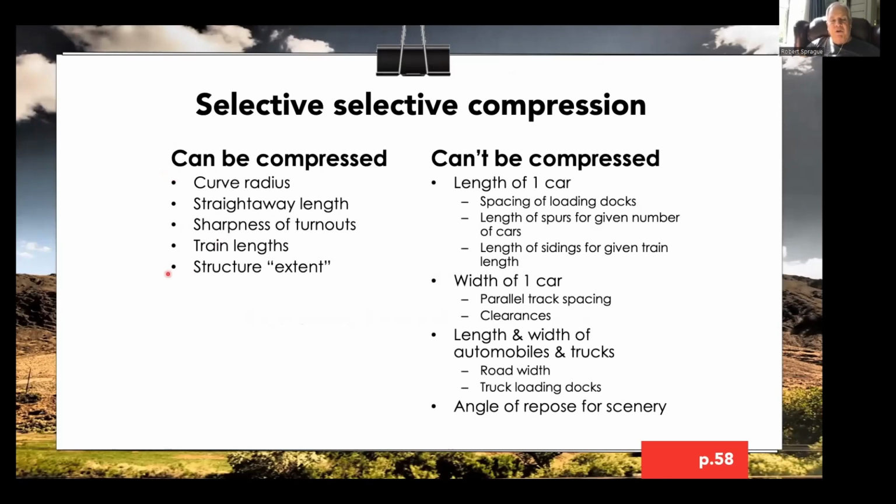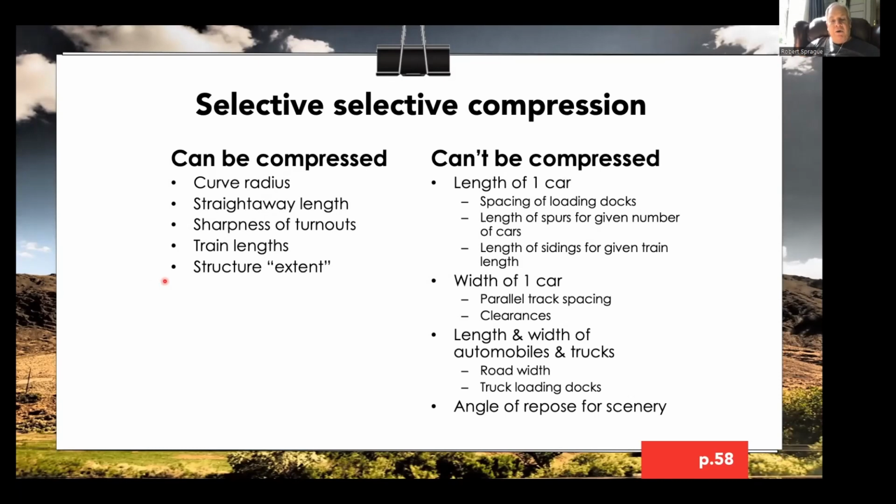Even on a prototype track plan, we certainly can't, at least for most of us, use prototype curve radius, the length a straightaway is likely to be, the sharpness of a turnout, or train lengths. Prototypes frequently run 100-car trains plus, and we feel pretty good when we're running 25 or 30.